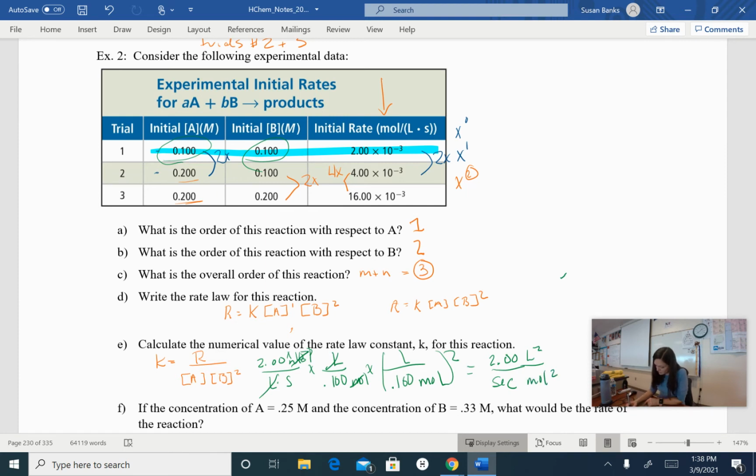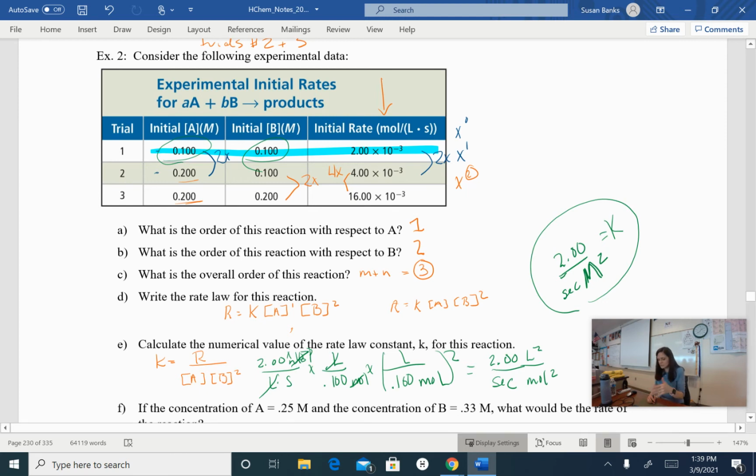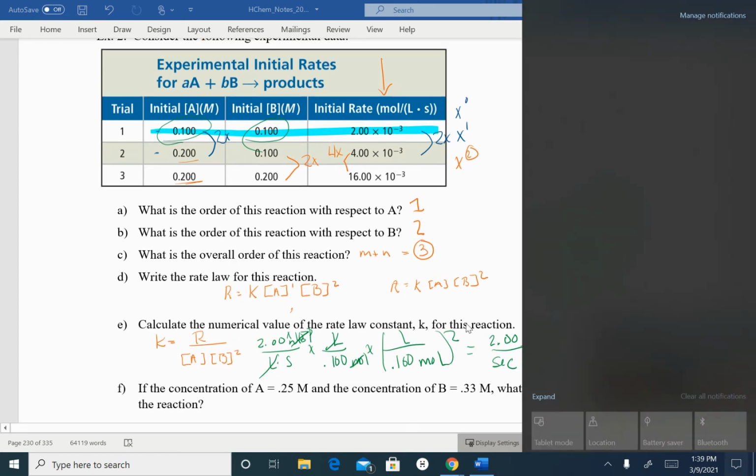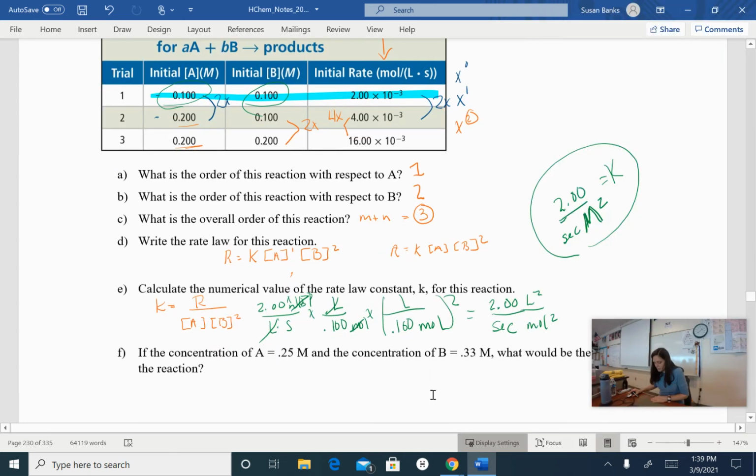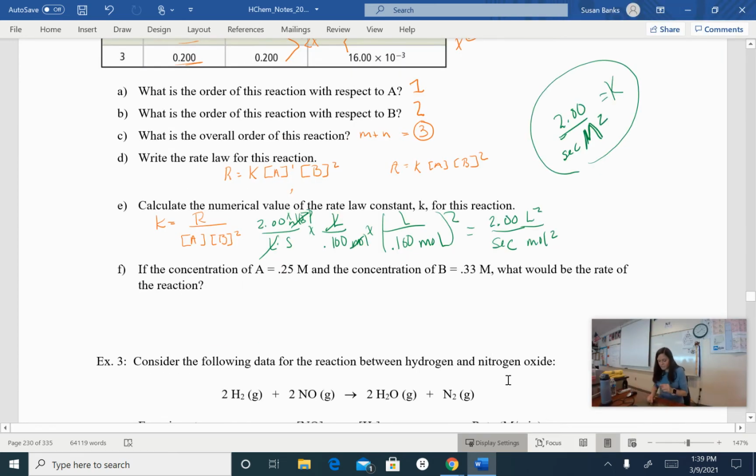So I could also write this as 2.00 per second molar squared, big capital M molar squared, for my constant. Okay, so I can now use that constant in any problem that this reaction is going at, at this temperature.